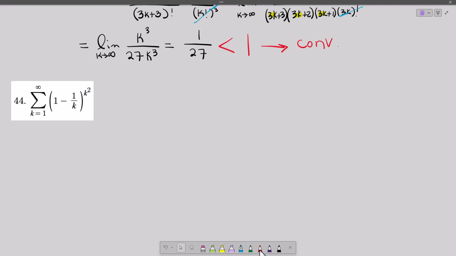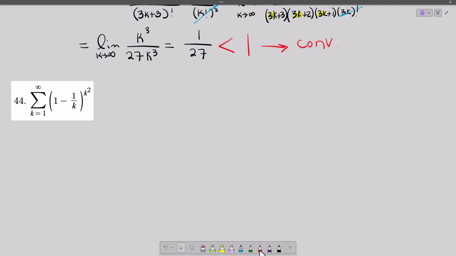That e thing says that if we have 1 plus a over k to the bk, that goes to e to the ab as k goes to infinity. So it's almost an e thing, but it's not, because the outer power is k squared, not just k. So it's not an e thing, but it's close.